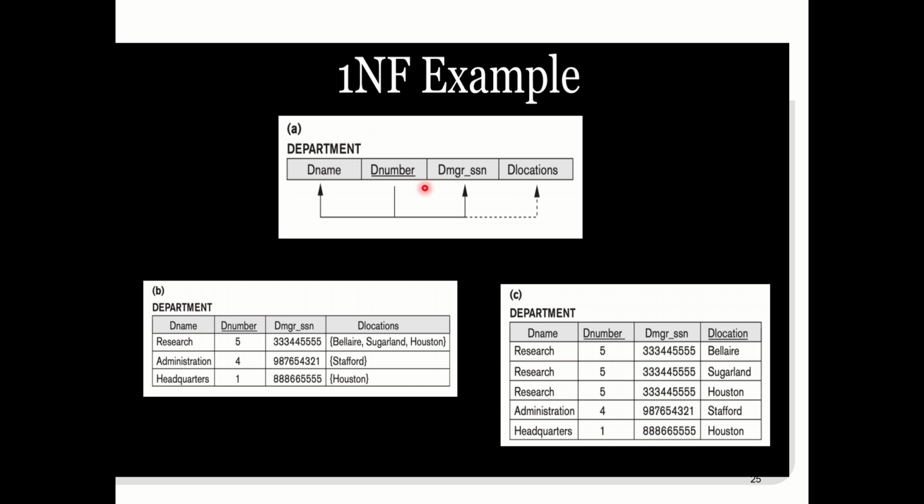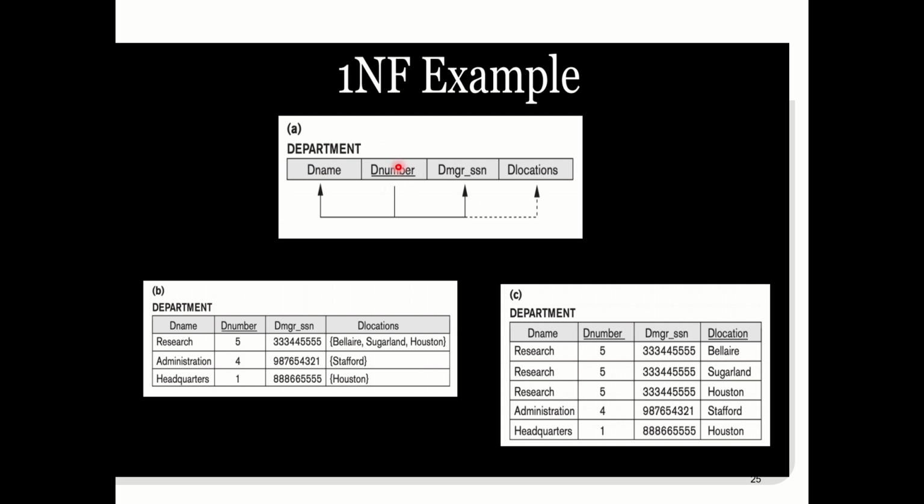Now this is another example. Here they have simply given you the schema, and they have also shown you the functional dependencies. I will tell you how you can read the functional dependencies. The arrows mean, say, D number is functionally dependent on D name.